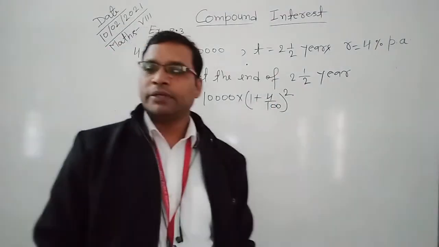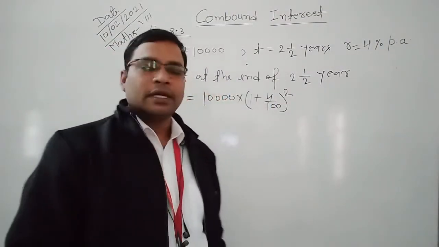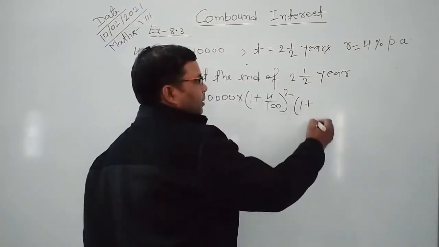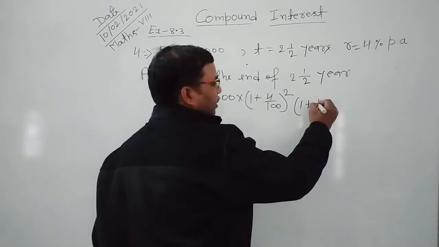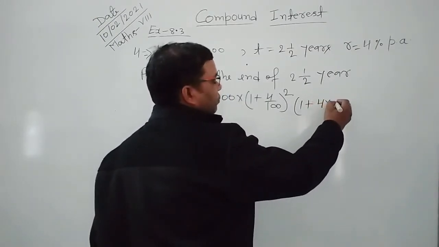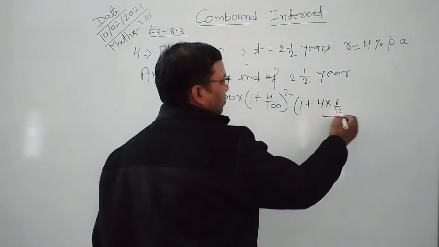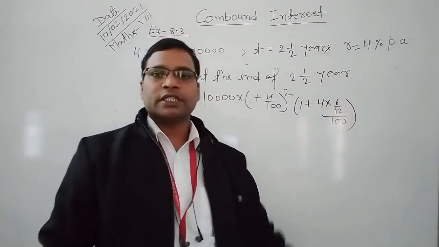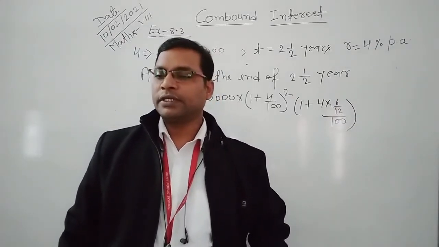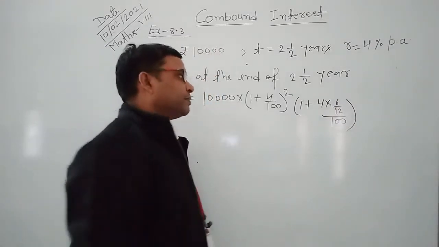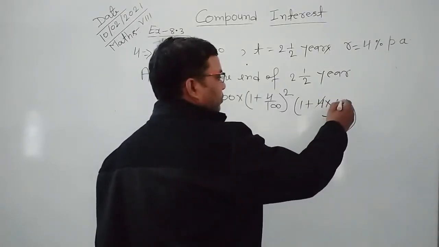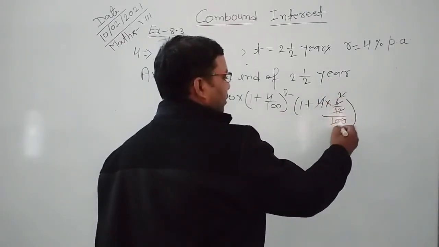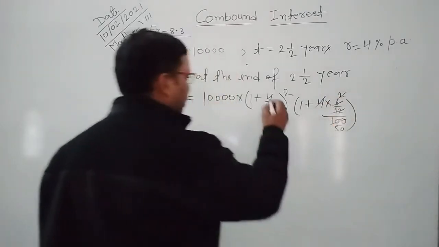This is clear. After this we write for half a year: 1 plus rate, 4%. Because it is half a year, you can write it as 6/12 into 4/100. 6/12 is half a year. If you simplify this, here you get 26/25 and here you get 52/50. Now here you can cancel.